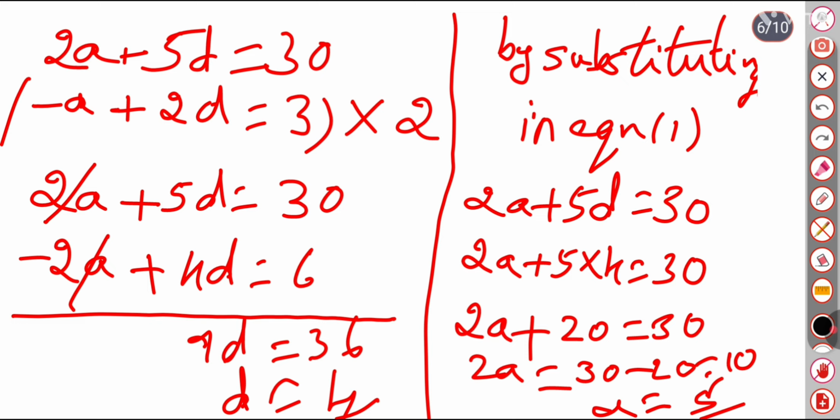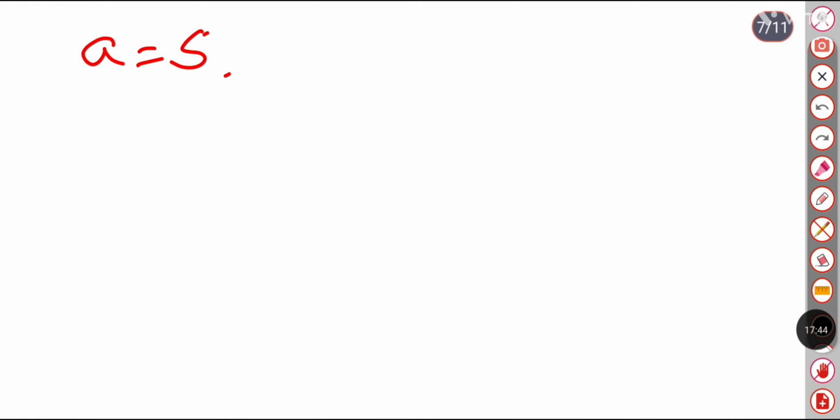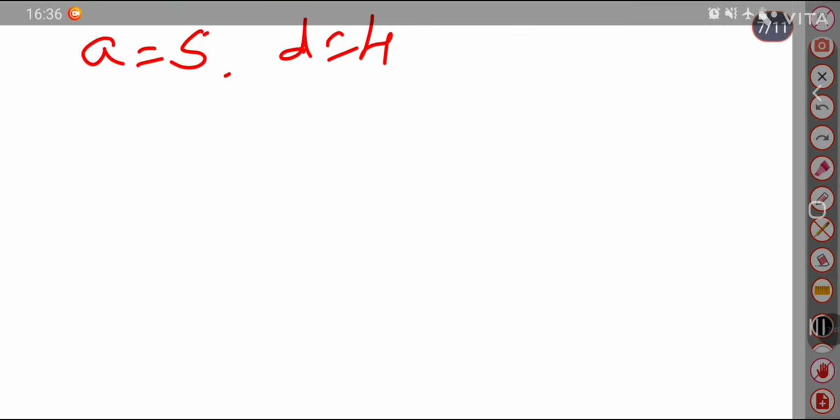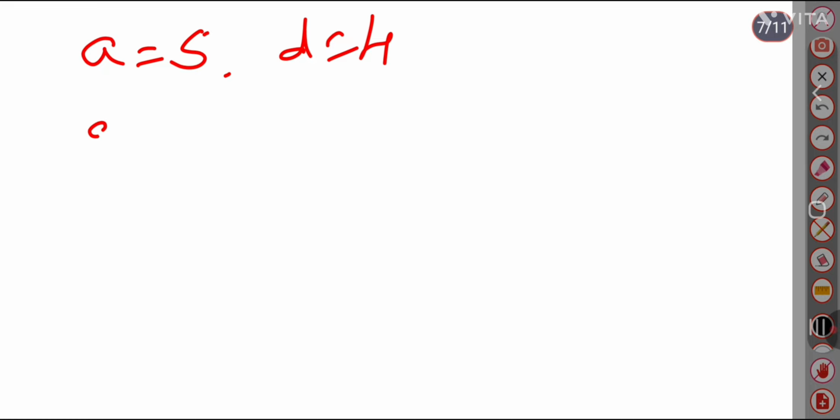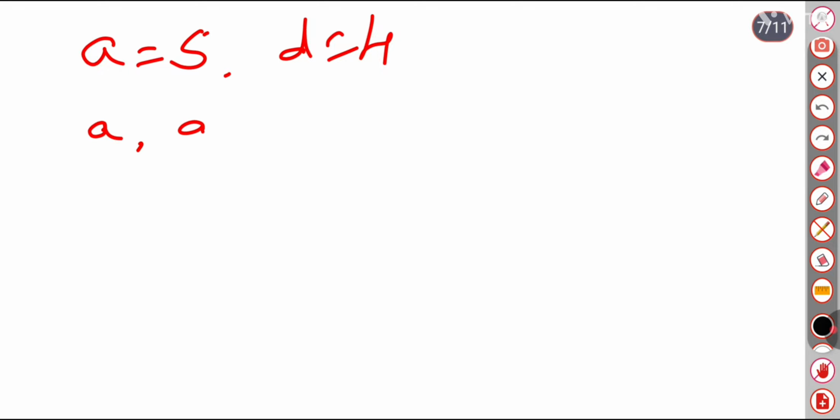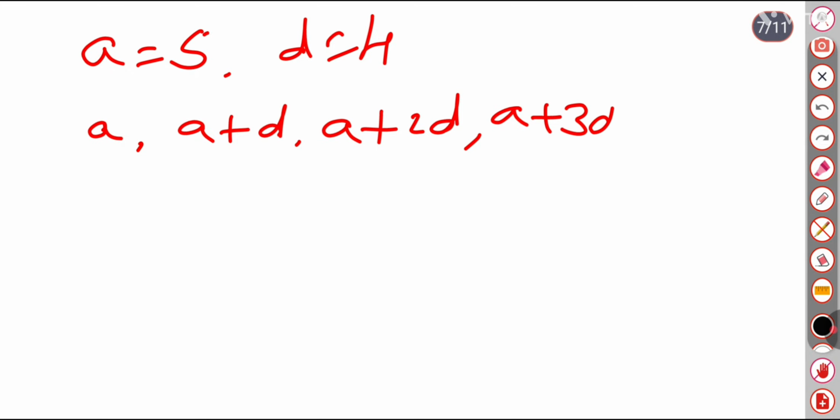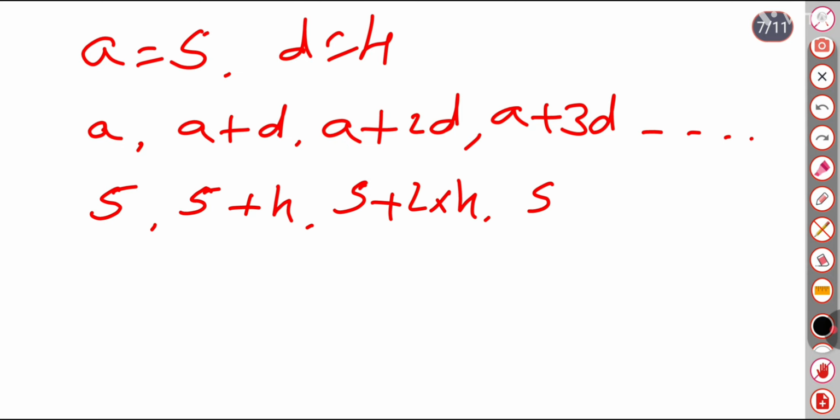We have to find the AP. A is 5 and D is 4. So what is the AP? A, A plus D, A plus 2D, A plus 3D. So A is 5. Here 5 plus 4, 5 plus 2 into 4, 5 plus 3 into 4.